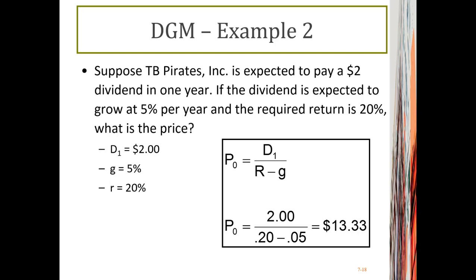This is not what you need. What you need here is 2 divided by the difference between 20% and 5%, or 2 divided by 0.15. So you need to do the higher order calculation first, and in this case you need to do 0.2 minus 0.05 first. That is 0.15. Then you take the reciprocal of that number and times it by $2 to get the answer.